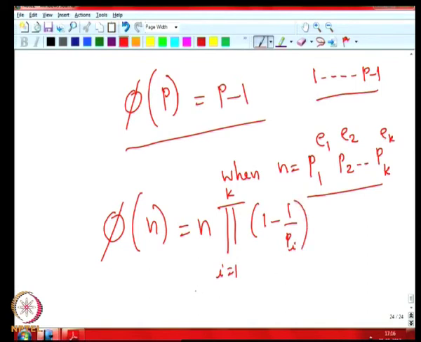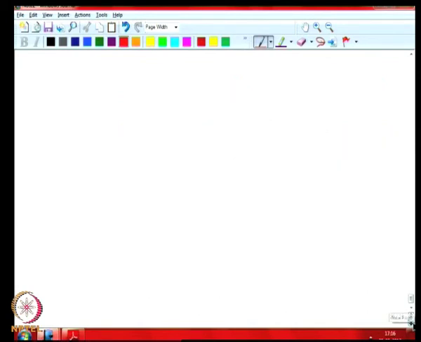For instance, suppose it was just a prime number, that means n equals p, e1 is equal to 1. So that is the k equal to 1 case.